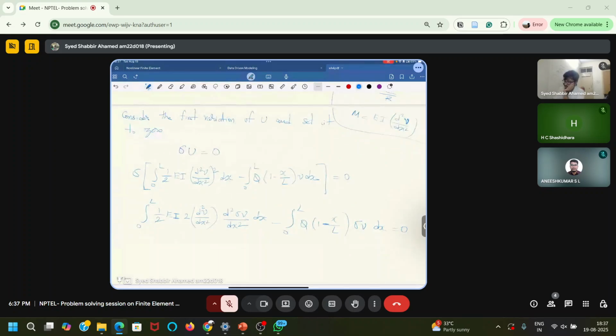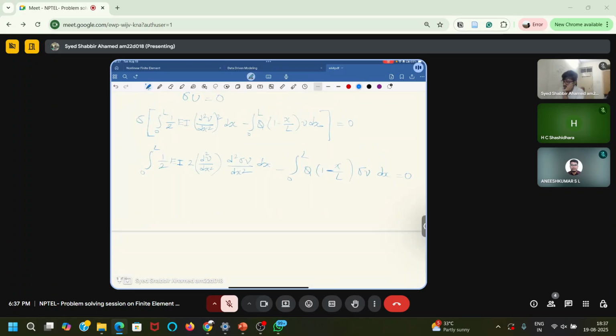So now we have this equation, and there are these two that can be cancelled here. Now I have this equation which is equal to 0. Delta u is equal to 0.